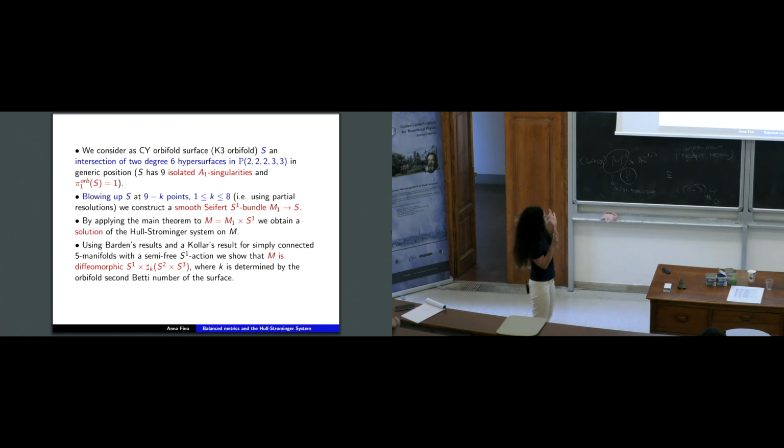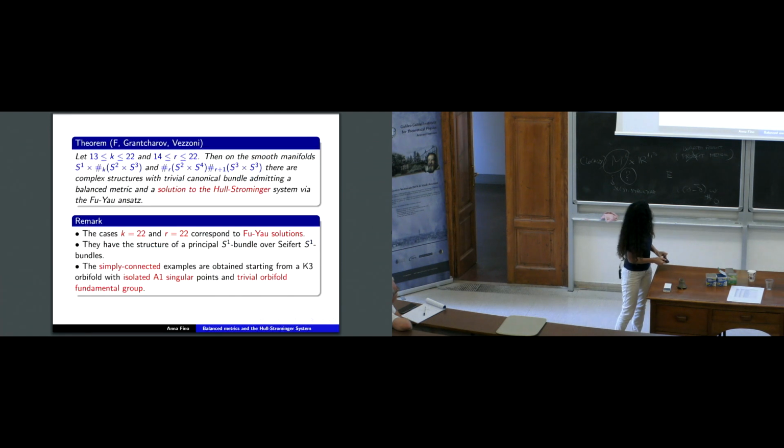And since we have a semi-free S1 action, and in dimension 6 the cohomologies are understood, there are results that we can apply by Barden and also Kollár. We can identify topologically, diffeomorphically, the type of manifold that we obtain.